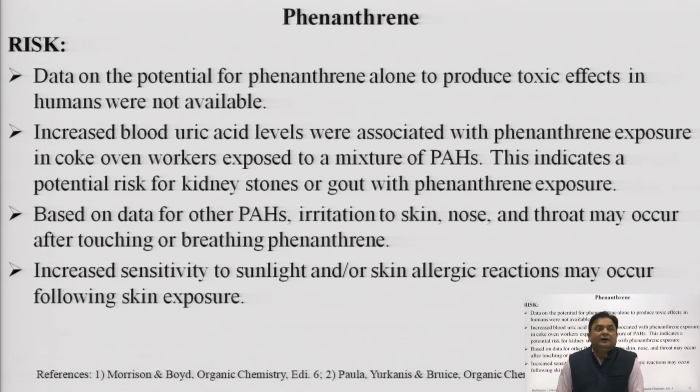This indicates a potential risk for kidney stones or gout. Based on data for other polynuclear aromatic hydrocarbons, irritation to skin, nose and throat may occur after touching or breathing phenanthrene. Increased sensitivity to sunlight and skin allergic reactions may also occur following skin exposure.